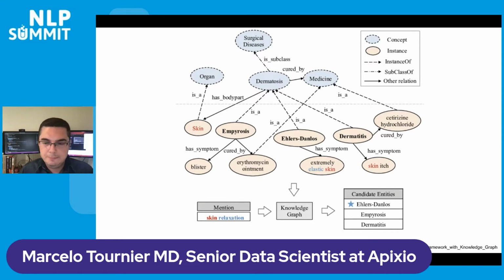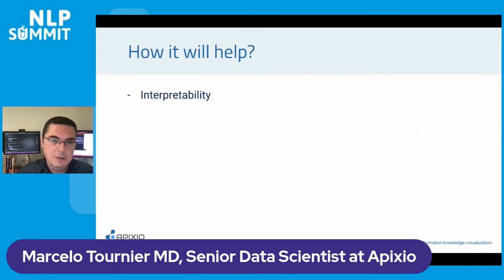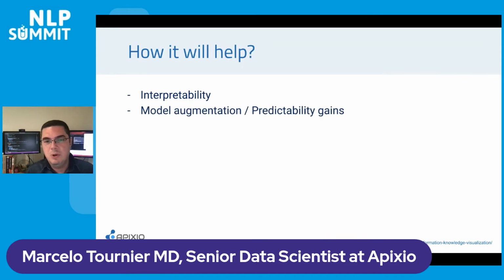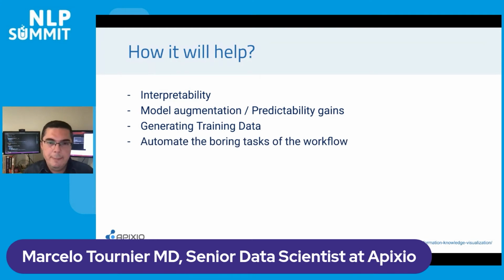And we can have this way a lot of different inputs that could increase the interpretability of the data, if you want to use the knowledge graph as a product or a part of the product. You could use it, of course, and that's one of the most useful ways, in my opinion, to grab labels, for instance, is to do model augmentations or even increasing the predictability gains by bringing new assumptions to the data. As I said, generating training data is a good use case. Or let's say you want to automate some boring tasks of the workflow.